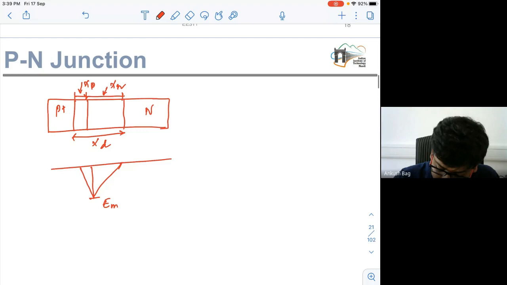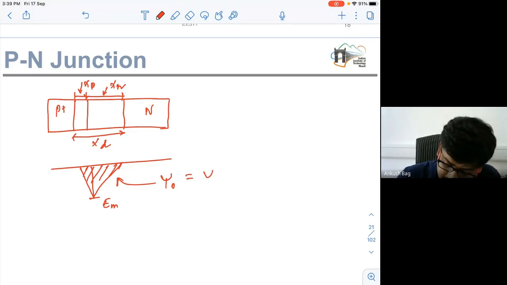So initially, by calculating the area under this electric field distribution, we calculated this psi naught, or the built-in potential, which is coming from Jp as well as Jn equals to 0. From that transport current equation, we are getting this psi naught.